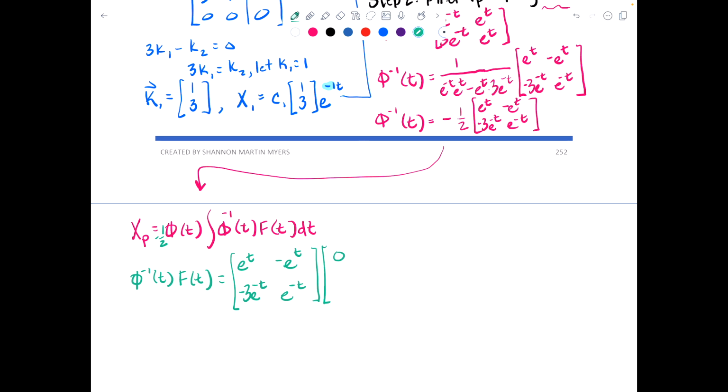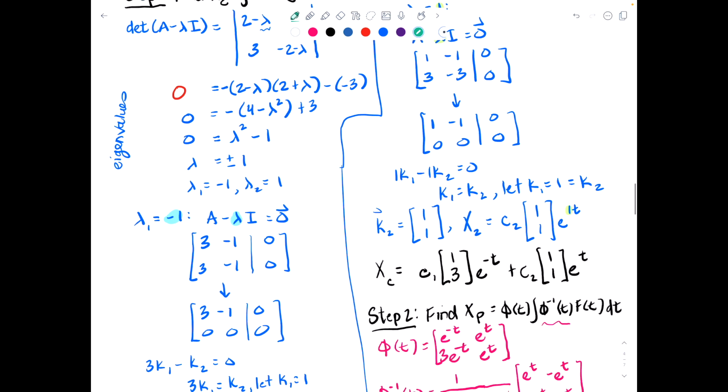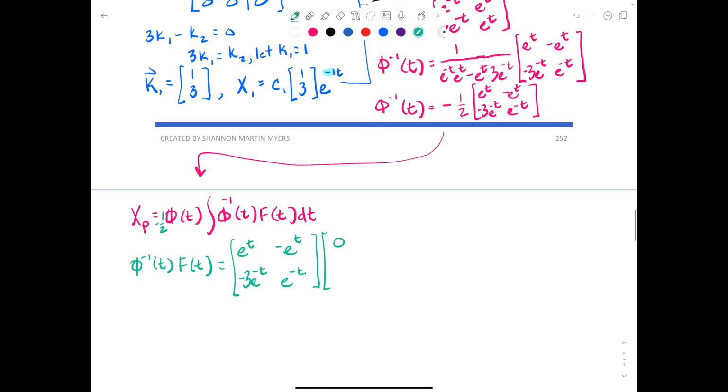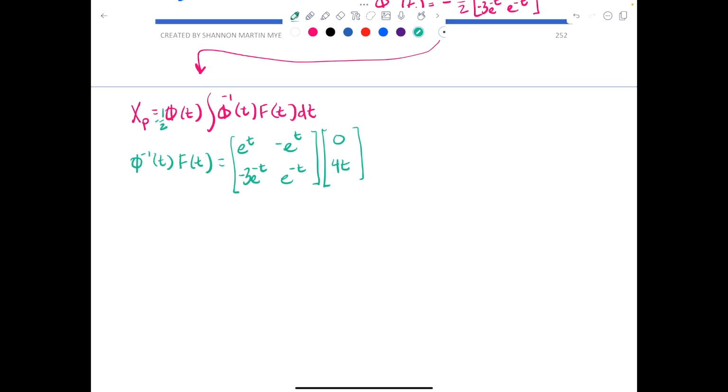We have 0, and we have, I'm going to write it as 4t. And then I'm just multiplying e to the t times 0 is 0, plus negative e to the t times 4t is going to give me negative 4t e to the t.